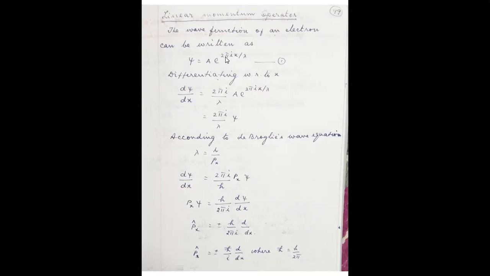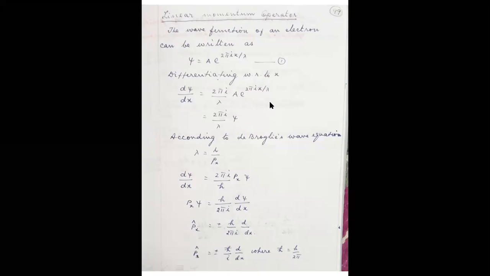So the 2 pi I by lambda comes here. A is not differentiated. And then e power 2 pi I x by lambda comes as such. So, this entire part is simply psi.